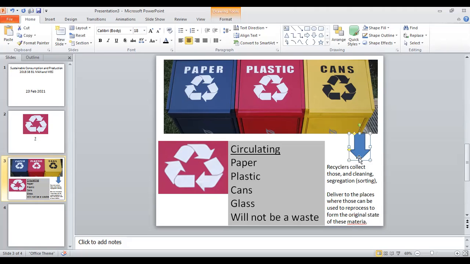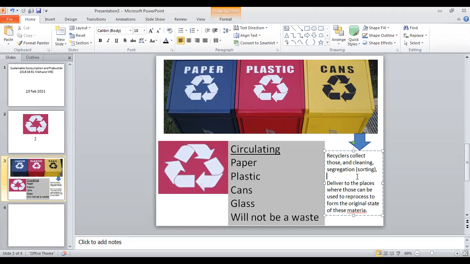So what I wrote here is: recyclers collect this. They then clean, segregate or sort, then deliver to the processing or recovery facilities, not to say places, facilities.